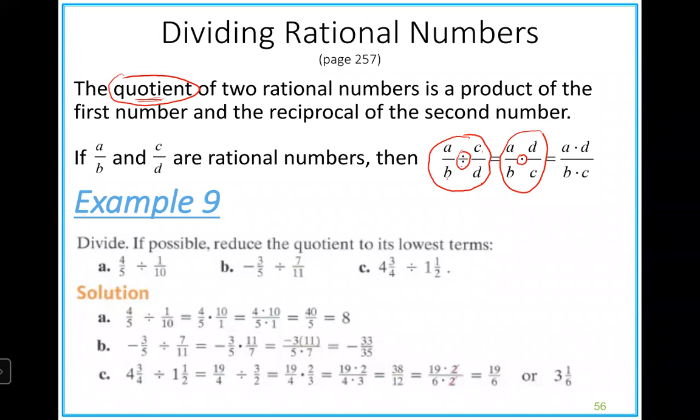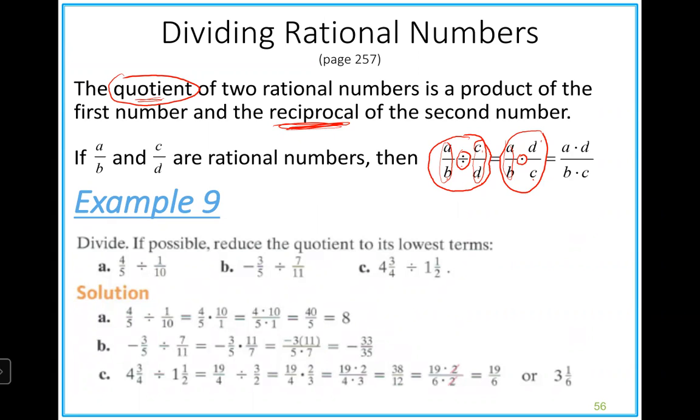Then you notice that this second one here, instead of being C over D, becomes D over C. So you invert it. The first one didn't change. So A over B is still A over B on this side. So when we talk about reciprocal, what we're basically doing is inverting the fraction. We put the denominator on top and the numerator at the bottom.